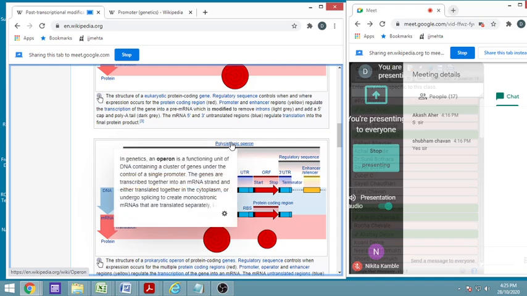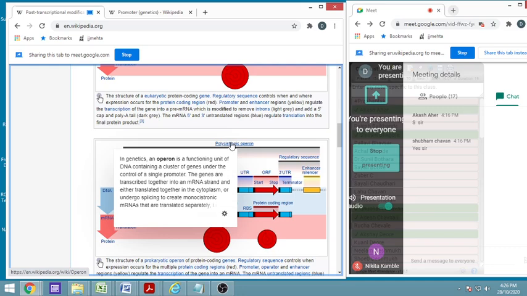It is a functioning unit of DNA containing a cluster of genes under the control of a single promoter. We have seen a variety of transcription factors, and there are promoters. So if there is a single promoter on DNA and there are multiple genes, they are transcribed together into a messenger RNA strand, and they are either translated together in the cytoplasm, or they undergo splicing to create a monocistronic one.